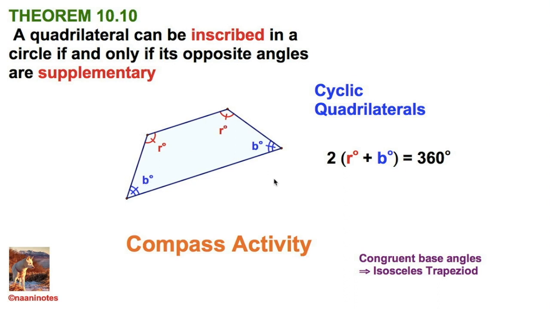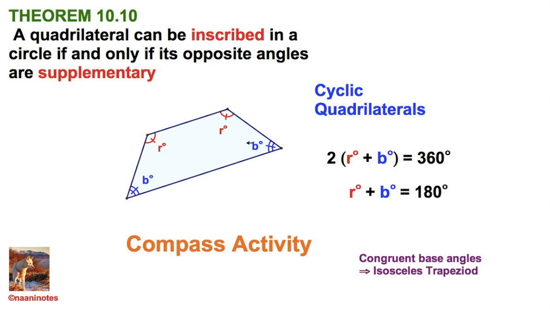And those four angles have to add up to 360. So a little bit of division tells me red plus blue is 180. It doesn't matter whether it's adjacent or, in this case, opposite angles, red plus blue is 180. So just from this simple algebra, we know that this figure has got to be inscribed in a circle.